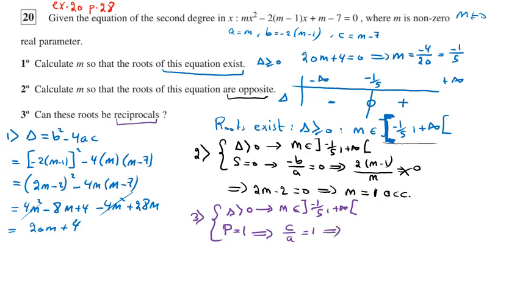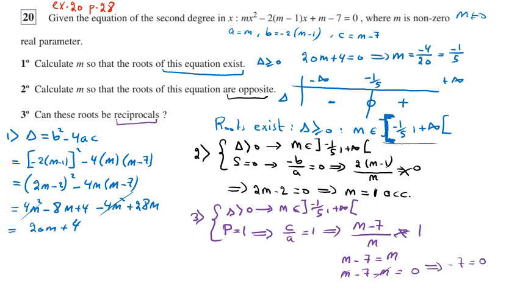From the equation, c is equal to m minus 7 over m equal to 1. Cross multiplication, we get m minus 7 equal to m, m minus m minus 7 equal to 0. We cancel m by m, then we get minus 7 equal to 0.